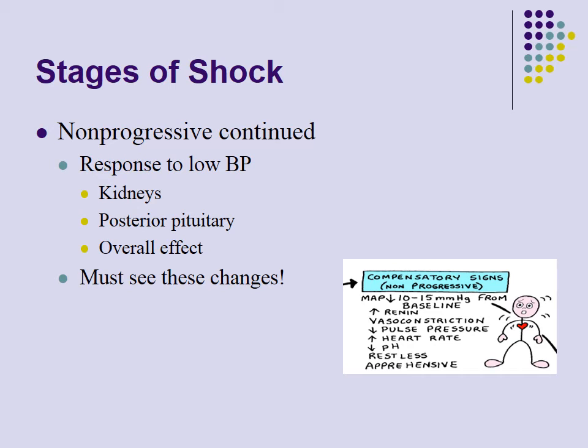And this vasoconstriction we will see on the skin, because we will be shunting blood away from that area, so we'll see some changes in the integumentary system as it gets more cold and clammy. The overall effect of these changes, our body's response in the kidneys and the posterior pituitary, is that we're going to see an increase in our fluid volume.